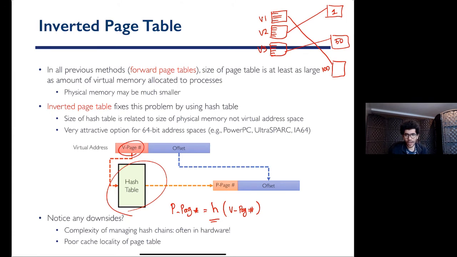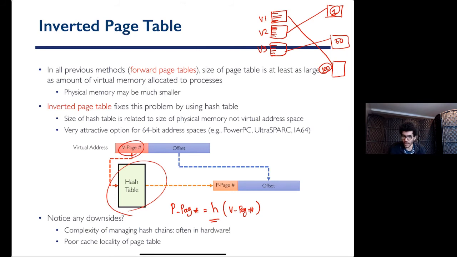So now you have a lot of missed opportunities for spatial locality, right? Because you're distorting your accesses. The access jumps from physical page number 100 to physical page number 1. So there is no spatial locality here.